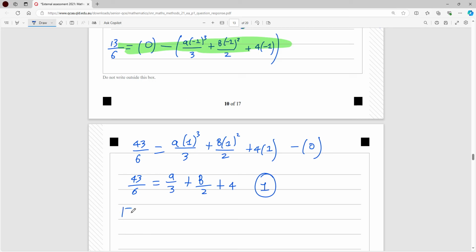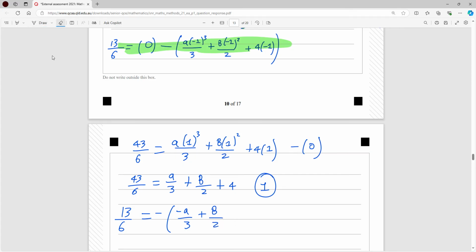This one up here, we have 13 on 6 equals, this here will be negative because negative 1 cubed is negative 1, but you've also got that negative 1 at the front. So I'm just going to simplify this first and then distribute the negative 1. So negative a on 3, that will become positive, so positive b on 2 minus 4. Okay.